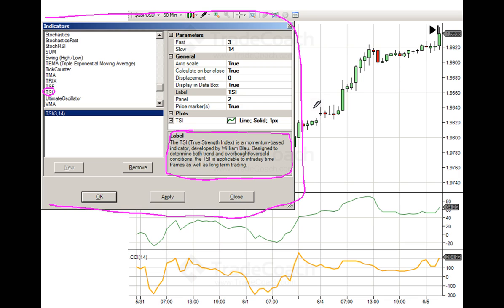So I applied it. Now the first thing I thought is, that looks suspiciously like CCI. So I applied CCI as well. On the top here in green is TSI, and the bottom is CCI. So immediately I was able to go, it goes in that box, so to speak. Remember I said if you look at enough indicators, you'll pretty soon be able to put them into about 4 different boxes.